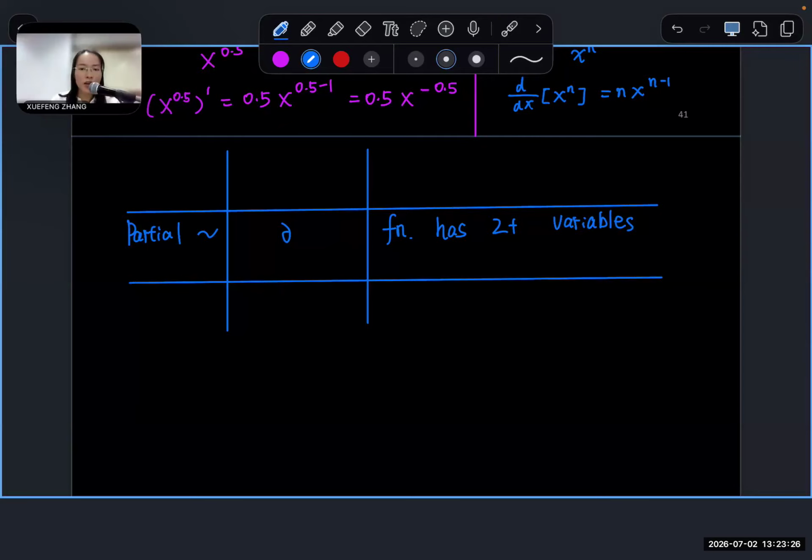And the next one is the total derivative. For the total derivative, we use the symbol d. That means if the function has only one variable, okay, we use the total derivative.